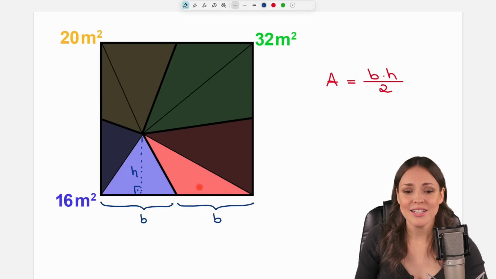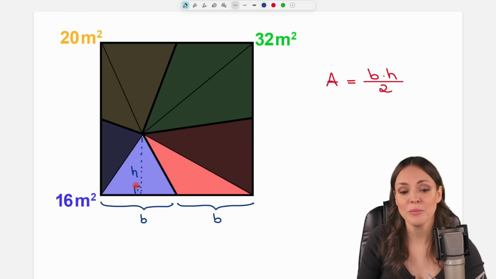It has to pass through the opposite point here and has to go down perpendicular to the base. So this height is the height of the blue triangle inside the blue triangle. But this height is also the height of the red triangle, but it just lies outside of this triangle.